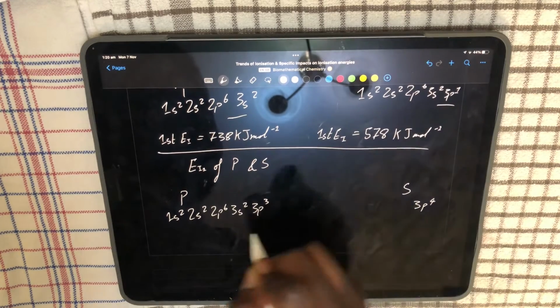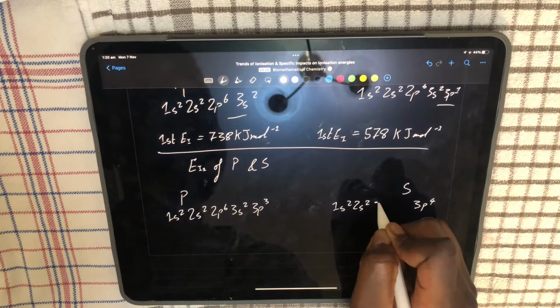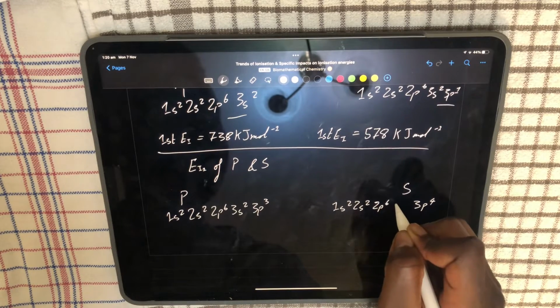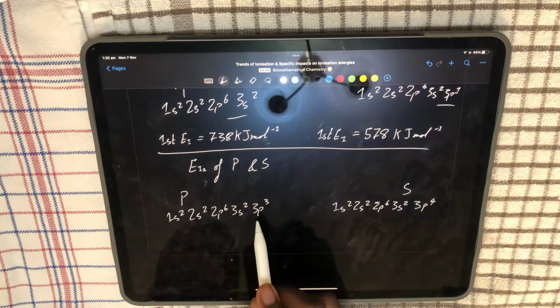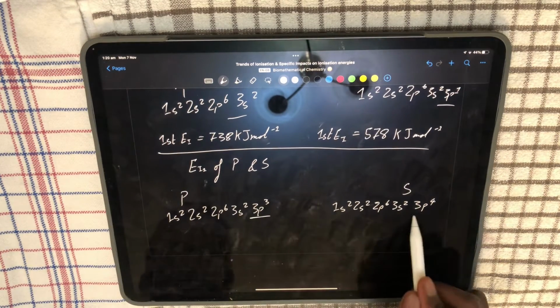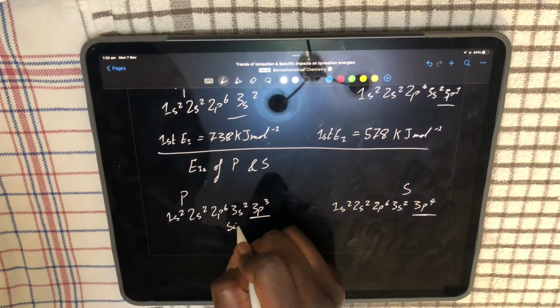That's the part that matters: 1s2, 2s2, 2p6, 3s2. But at the end of the day, this is the only part that really matters here, and that's a singly occupied orbital.